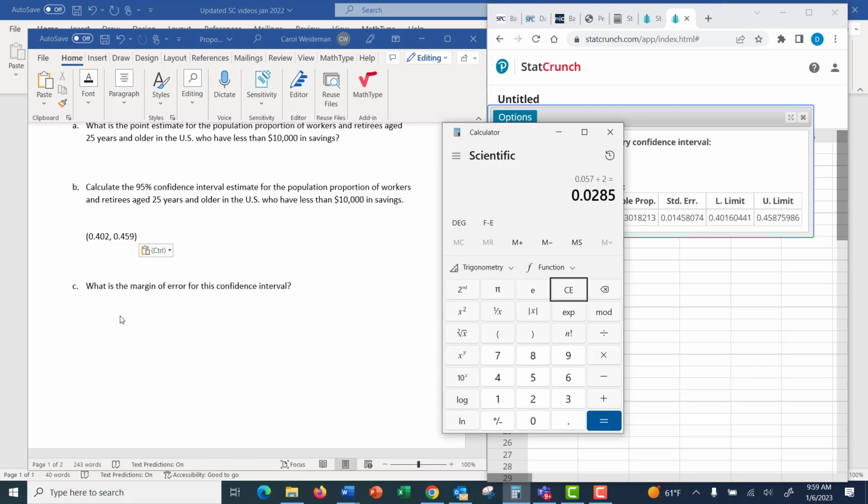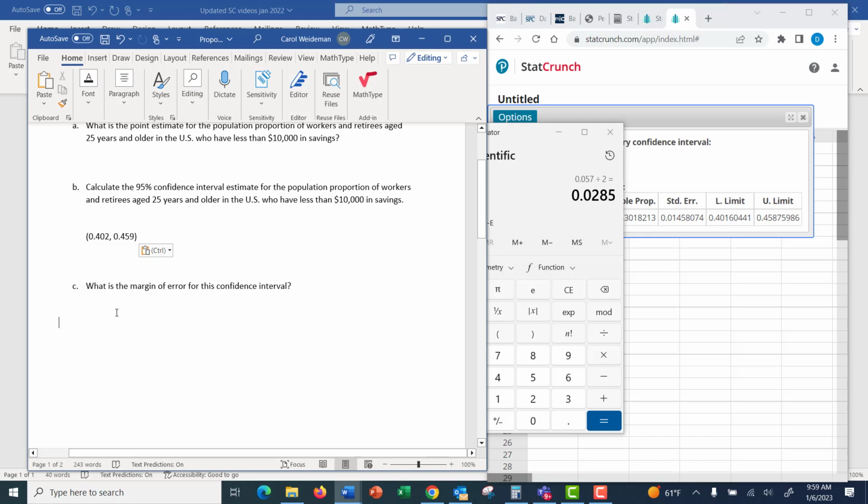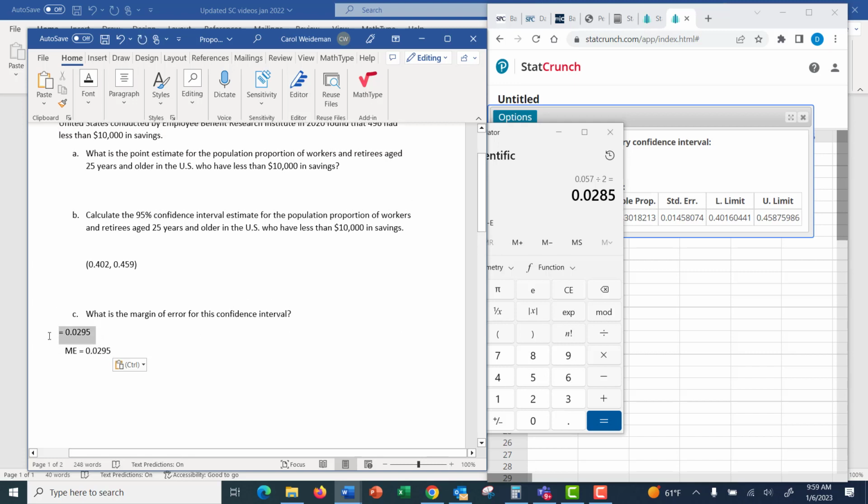So for this confidence interval, the margin of error, and we usually call that ME, is equal to 0.0285, or round off to 0.029.